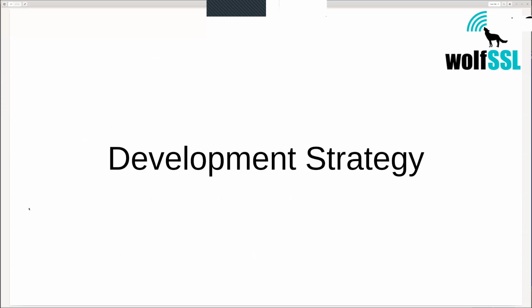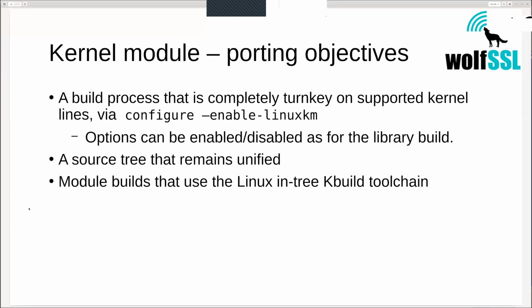So here's a little bit on how we develop the kernel glue logic in order to make our kernel module work. At the outset, when we started this effort about half a decade ago, the goal was simple. It was to make certain that existing processes for configuring and building libwolfSSL would carry over to the kernel module. And we did achieve that. When you switch from building a user library to building a kernel module, it can be as simple as just saying enable-linuxkm.